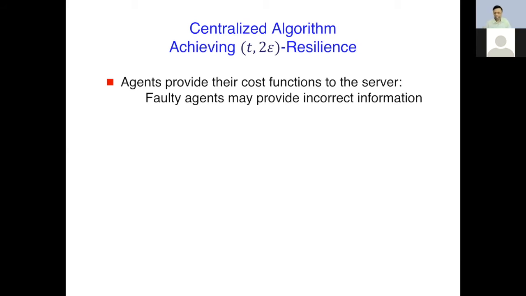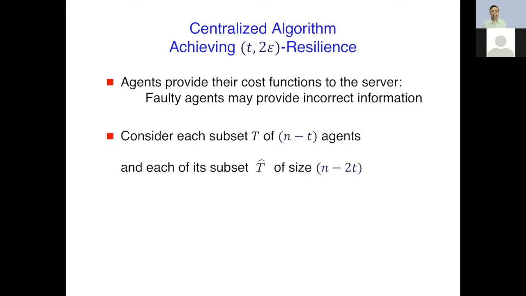So the algorithm is centralized now, which is to say the server has all the information it needs to solve the problem. In effect, the agents provide their entire cost function to the server, and the server can utilize that information to produce an output. The faulty agents can provide the wrong cost function. So this is what the server does.